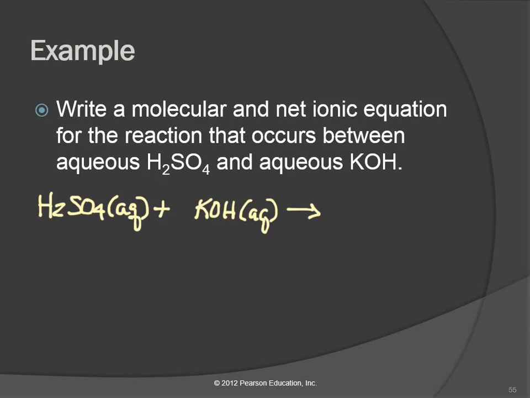Okay? I think the best way to approach this is to think of it as just like one of those precipitation reactions where we're swapping partners. And so below this, write the ions that are contained in it. So we have H plus and SO4, 2 minus. There are 2 H's here.